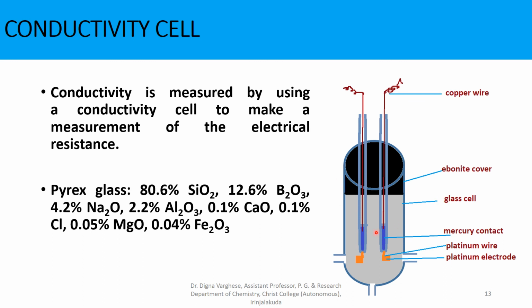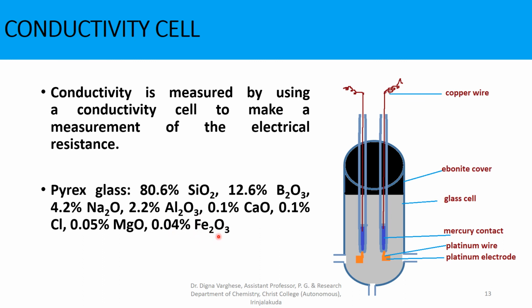Pyrex glass is actually 80.6% silica, 12.6% boron oxide, 4.2% sodium oxide, 2.2% alumina, 0.1% calcium oxide, 0.1% chlorine, 0.05% magnesium oxide, and 0.04% Fe2O3.